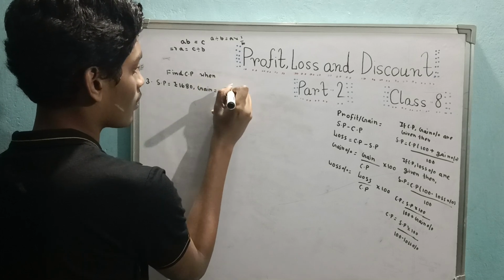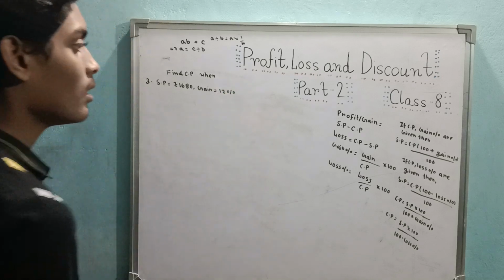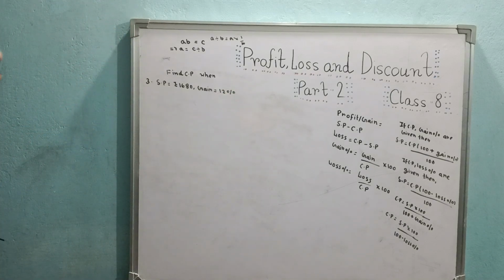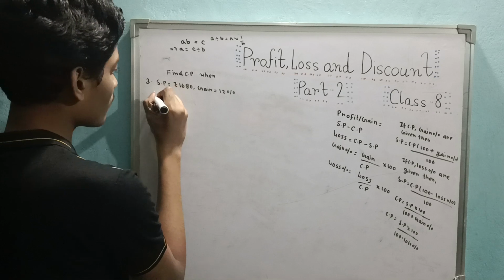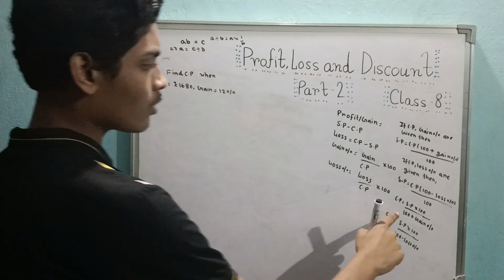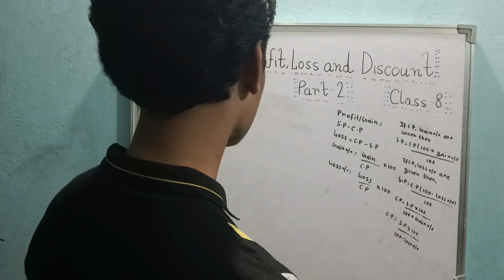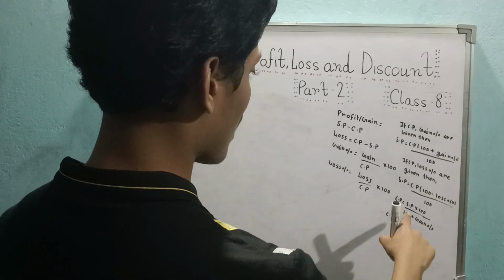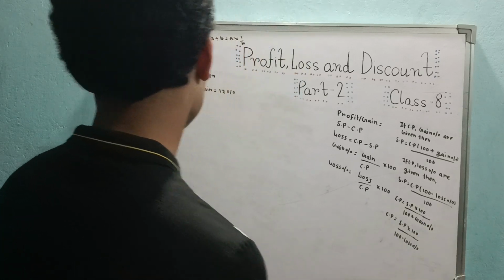Nice. So nothing you have to do here. Just put the formula. CP equals SP into 100 by 100 plus gain percent. This is the formula. When SP and gain percent are given, you have to find CP.